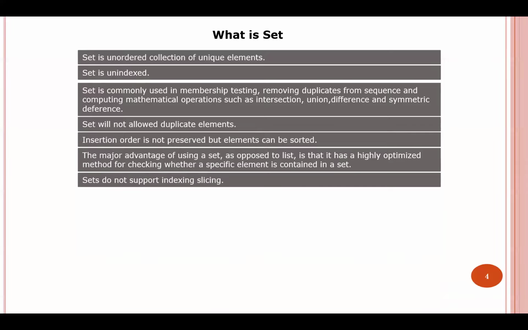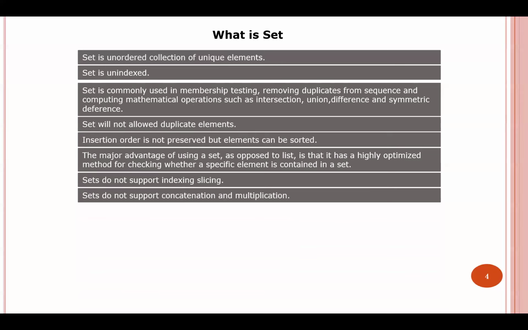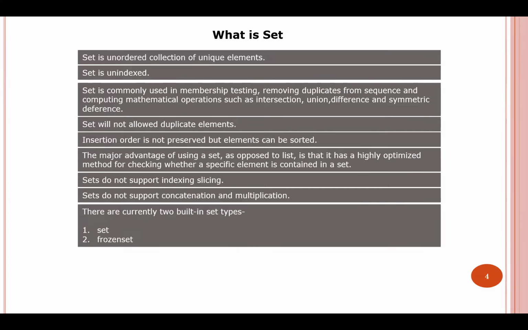Set does not support indexing, and because it does not support indexing, obviously slicing is also not supported. Set does not support concatenation and multiplication. Like in a list, we can multiply so that the same list repeats multiple times. So list supports concatenation and multiplication, but set does not.